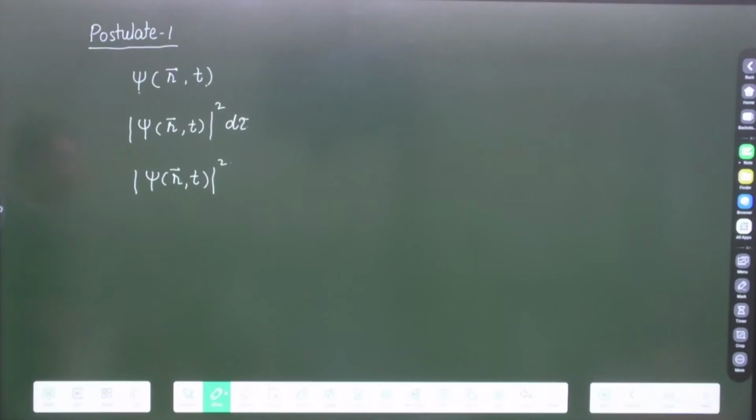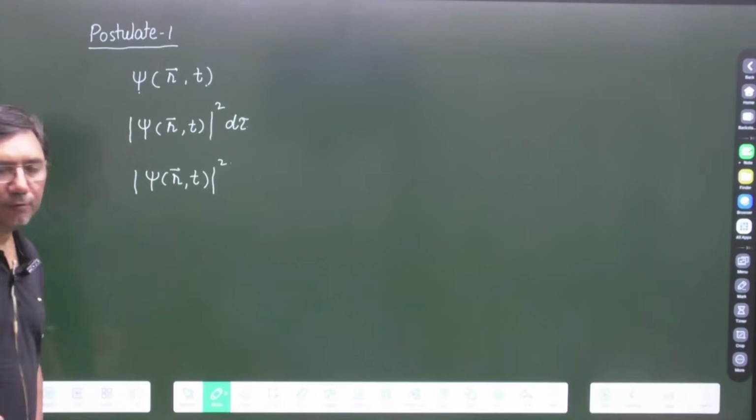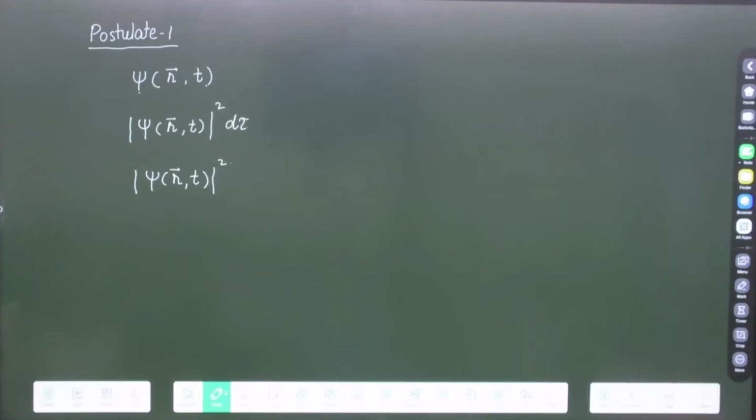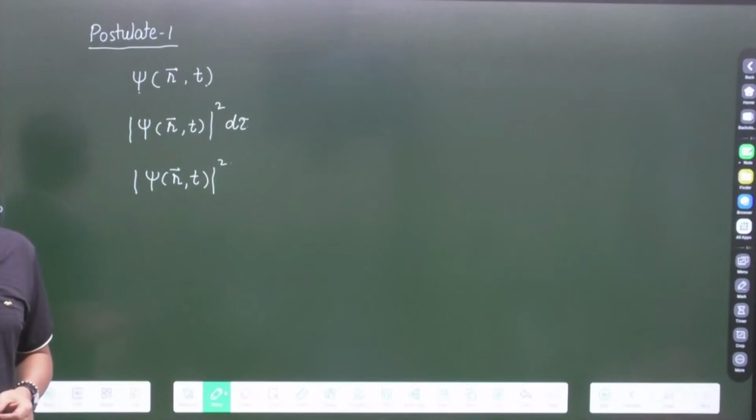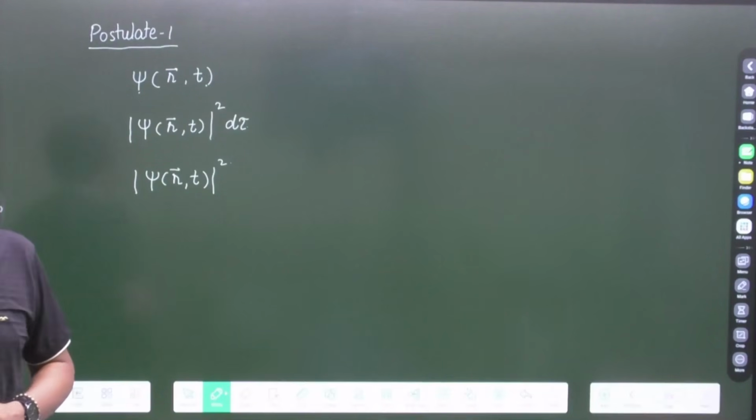Now, the fifth point. If we integrate |psi|^2 d tau for the complete space, then it will be equal to 1, because the particle will surely exist somewhere in space.